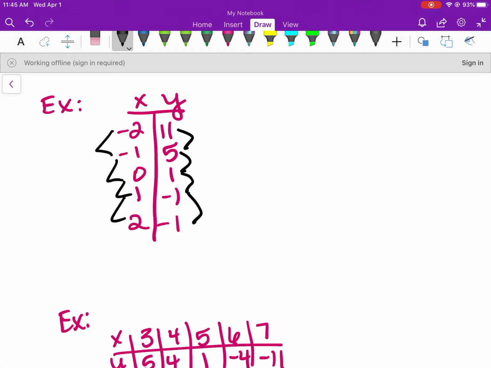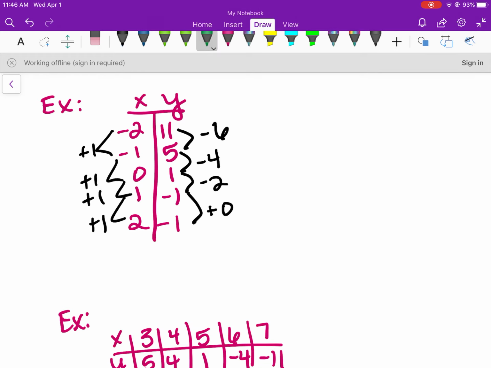The change in x here is all +1, so that's nice. Let's look at the change in y. 11 to 5 is -6. 5 to 1 is -4. 1 to -1 is -2. And -1 to -1, that's 0. So this is not linear. It does not have a constant rate of change.